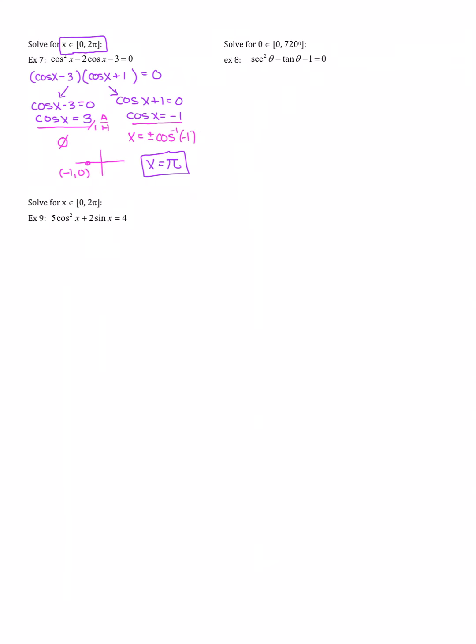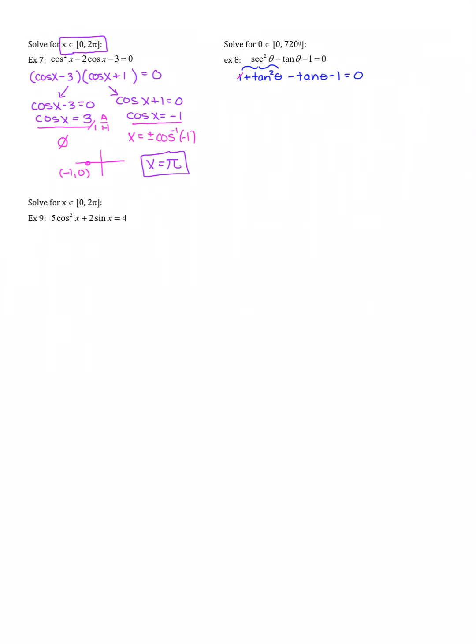All right, let's start this next problem. Secant squared minus tangent theta minus 1. Now the problem here is you have two different trig functions, which is why we did all those identities before. So you are going to have to transform one of them, and I can't do anything with tangent, so we're going to pick on secant squared and replace it with its Pythagorean identity. And then we have minus tangent theta minus 1 equals 0.